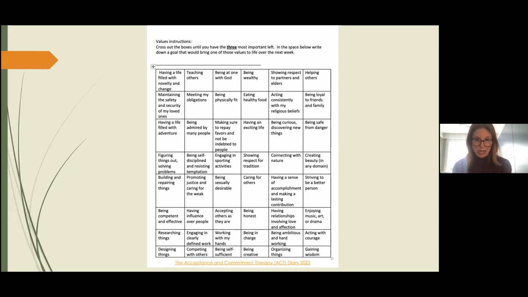You can finish it later. If you did, or if you are close and have at least identified one or two that you know would be in that final three, there's a second offering or invitation for you at the top, in the space below. Write down a goal or a step or an action that would bring one of these values to life over the next week.